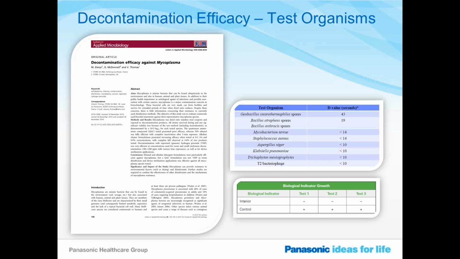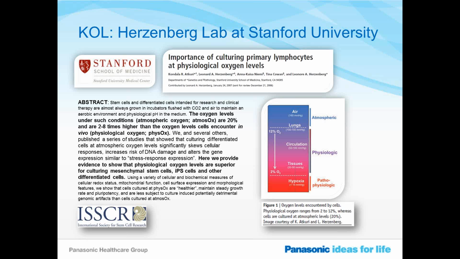And last, I wanted to touch on some of the work that we'll be publishing at the International Society for Stem Cell Research. That will be in June in Yokohama. We've been working, as I mentioned, with key opinion leaders Leonore and Leonard Herzenberg, who are very notable. They won the Kyoto Prize for their work on physiological oxygen levels using primary lymphocytes.